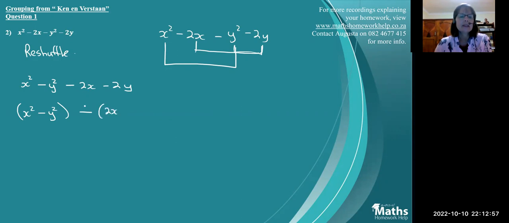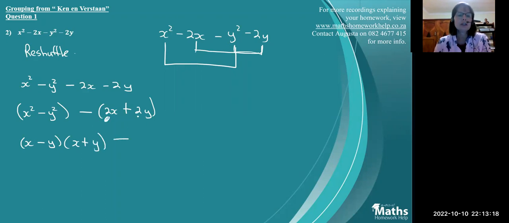But then it means you change the sign. That's a negative, so it becomes a positive. X squared minus y squared, keep in mind your factorizing rules. So this would be difference between two squares. X minus y and x plus y.